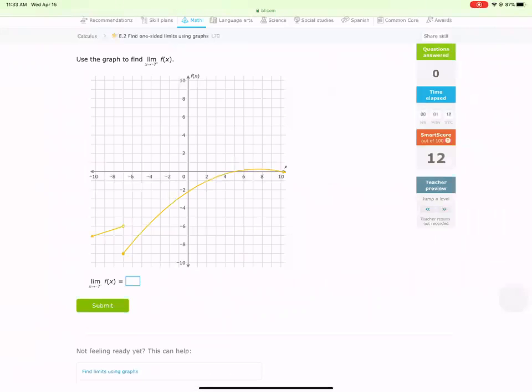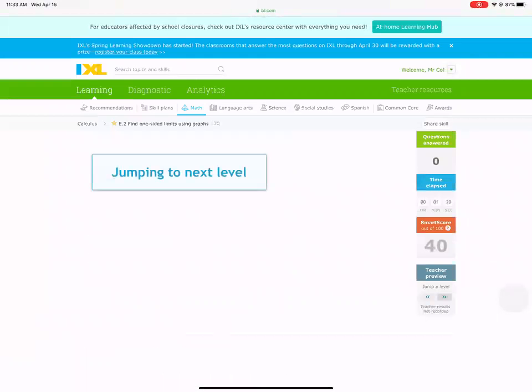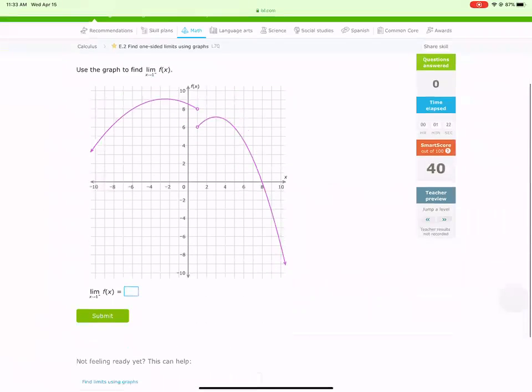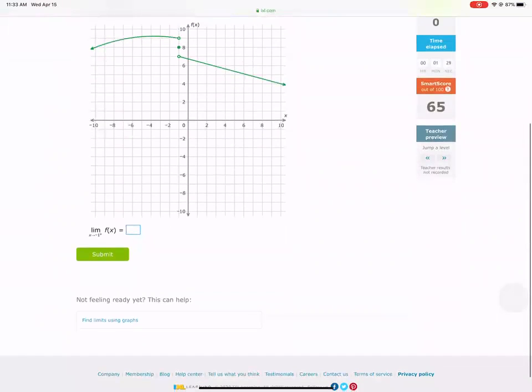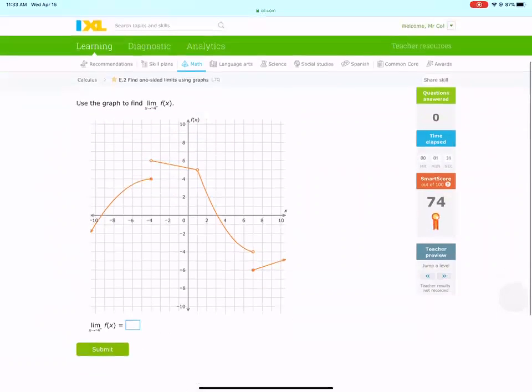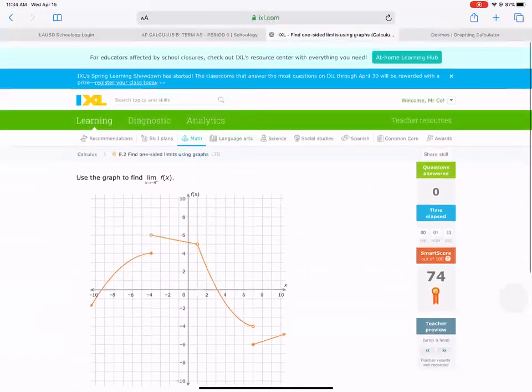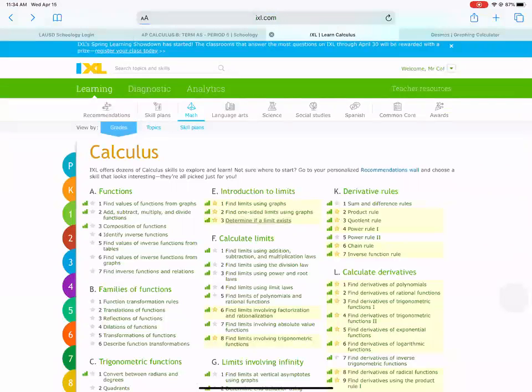Okay. Next problem. Let's see if there's any funny ones. Nope, that looks very similar. Okay, yeah, that's it. You guys will be finished with this in minutes.